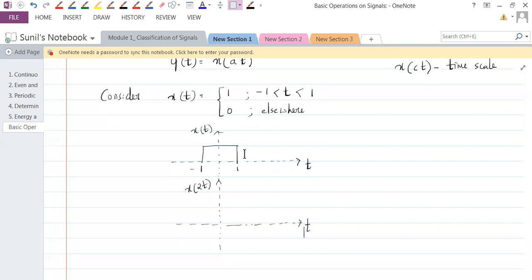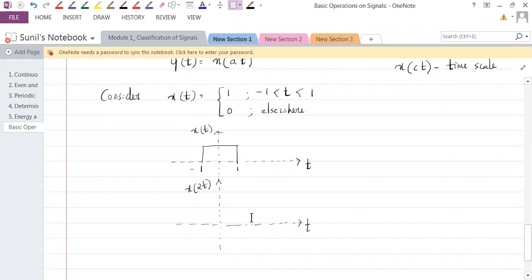Extends from -2 to +2. x(2t) extends from -2 to +2. So that is what we generally think of. That's a good try, because that is what the logic tells us. If x(t) extends from -1 to 1, since we are doubling the time axis, it should extend from -2 to 2. That's a good thought.